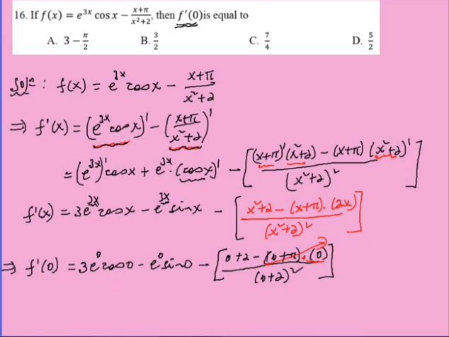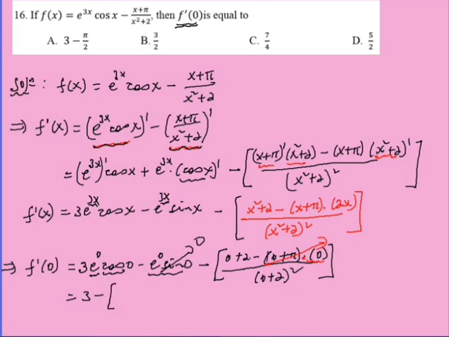Here e to the power of 0 is 1, cos 0 is 1, e to the power of 0 is 1, therefore 1 times 3 is 3, minus sin 0 is 0, so this product becomes 0.